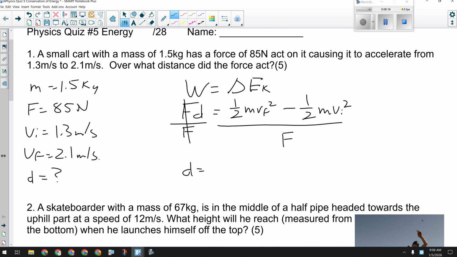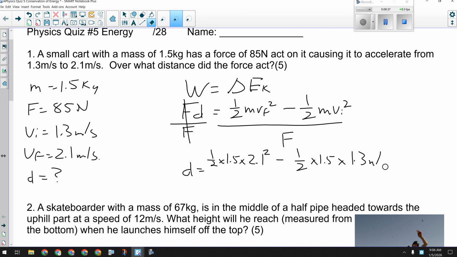Okay, so D is going to be 1/2 times 1.5 kilograms times 2.1 meters per second, all squared, minus 1/2 times 1.5 kilograms times 1.3 meters per second. Oh, I won't put the units in there. And that number will be squared.